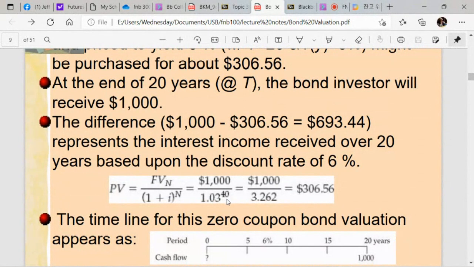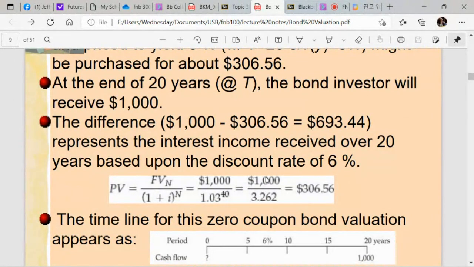Why raise to 40? Look, if all the rates are annual, but bonds are on a semi-annual timeline, semi-annual time frame, or semi-annual cycle. And you might wonder, that's the case of a coupon bond, but this is zero coupon, so it's not even paying any interest. But why should we follow?